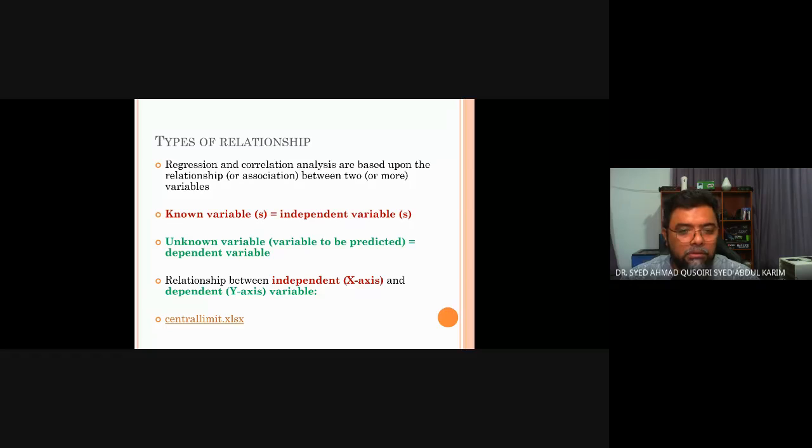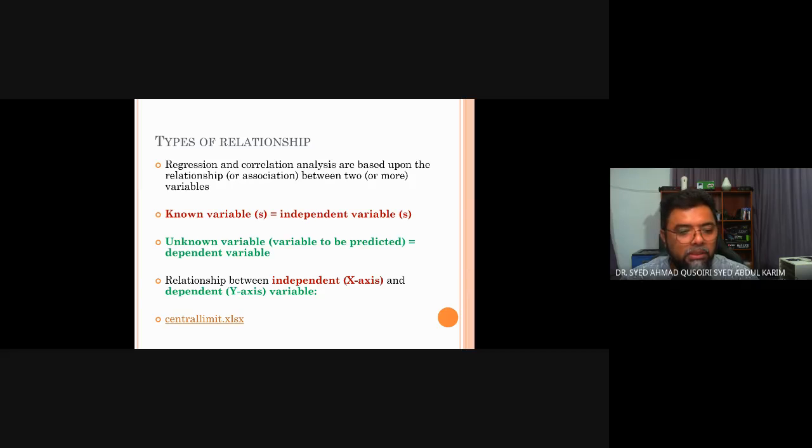So a bit of recap here. We have the independent variable, which is known, and then the dependent variable, which is the unknown or the observed variable.